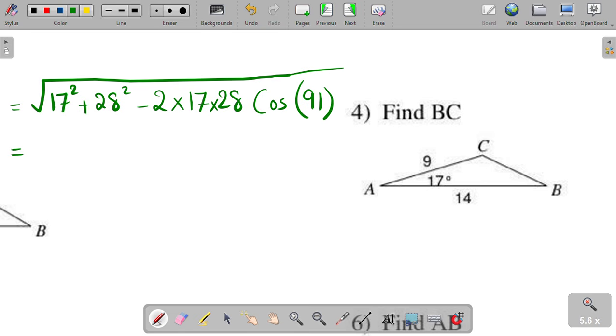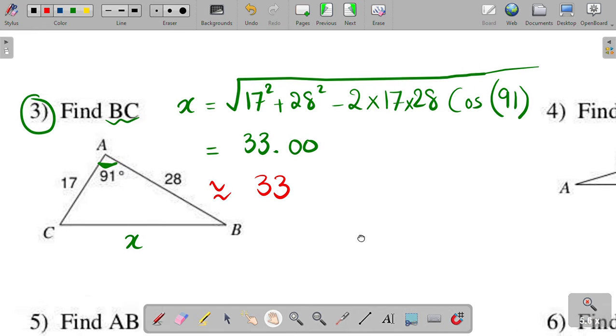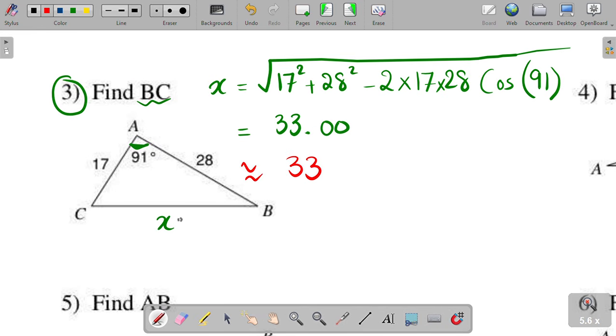Cosine 91. Okay, so my answer is going to be 33.00 and a lot of digits, I don't need them. After rounding, since the 00 is useless, it's going to be 33. And this is a side, so there's no degree, so it's 33.